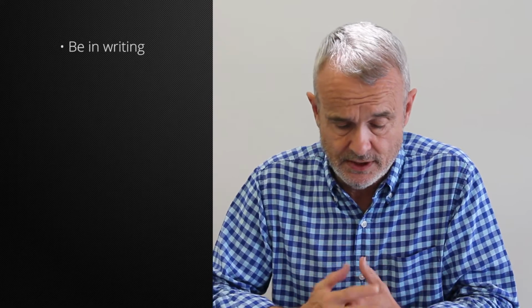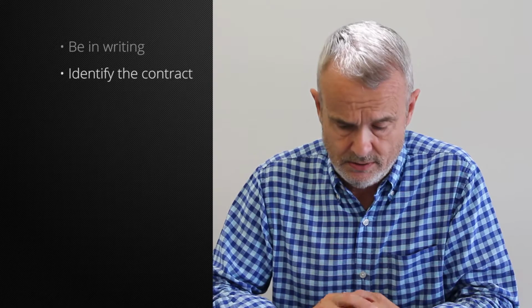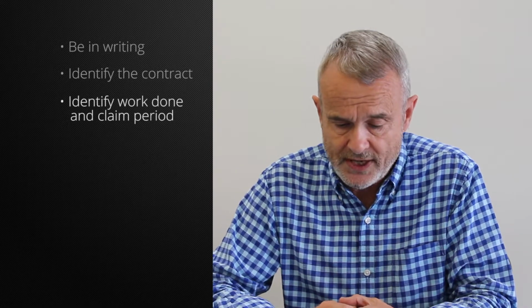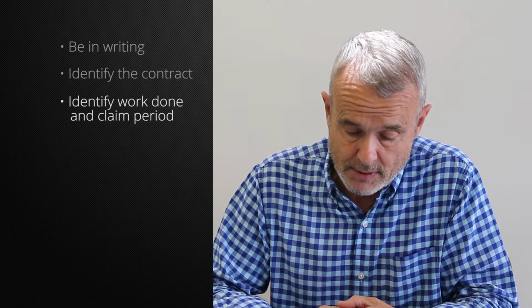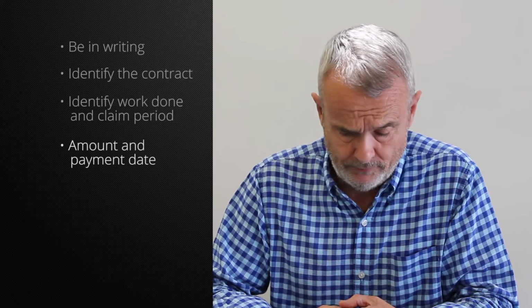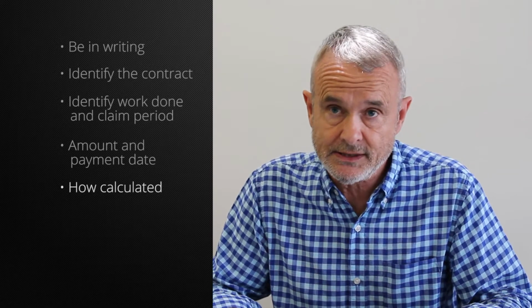Fee claims under the CCA. This is described under Section 20, payment claims. A payment claim must be in writing, identify the contract, i.e. the project, identify the work done and relevant periods to which the claim relates, state the claimed amount and date for payment, and indicate how the claimed amount was calculated.